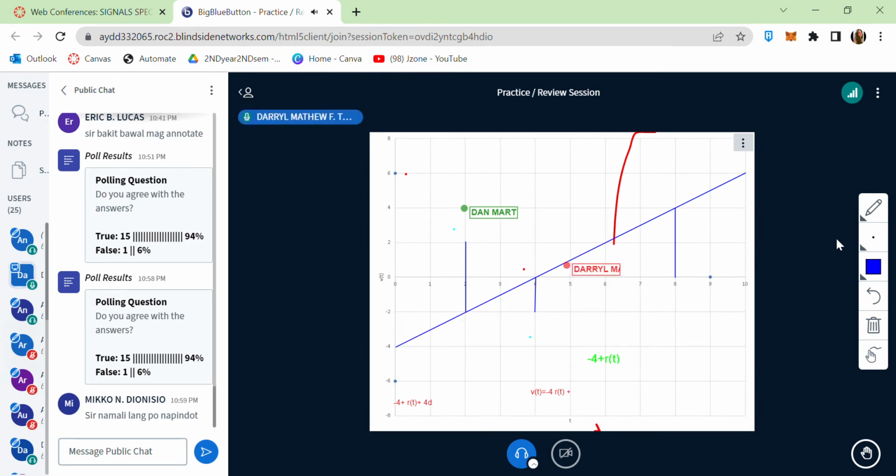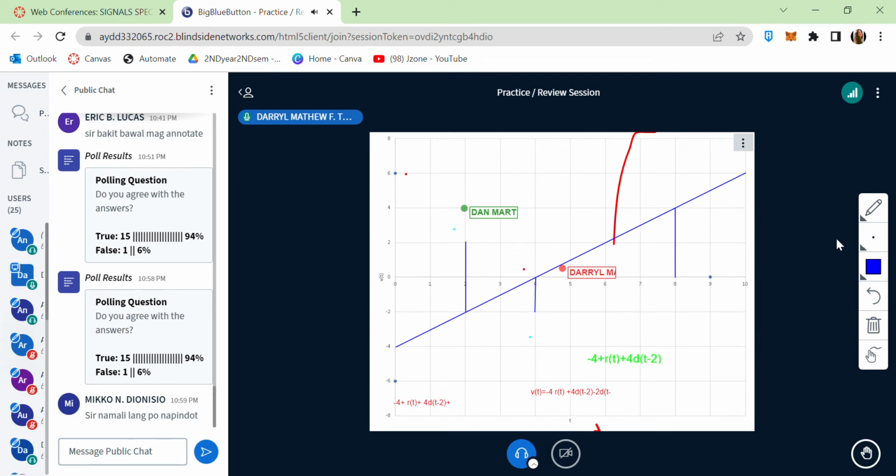I hope meron din kayong na-absorb given yung style ko in plotting yung function din. Yung ginagawa kong basis when I make this, I try and find yung mga critical endpoints. Yung parang nangyayari in my head, lahat ng impulses, ini-ignore ko na siya kaagad.